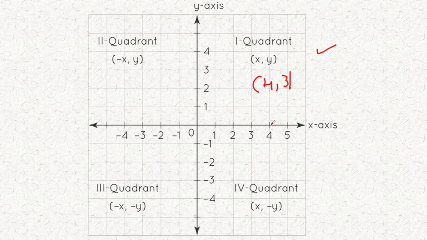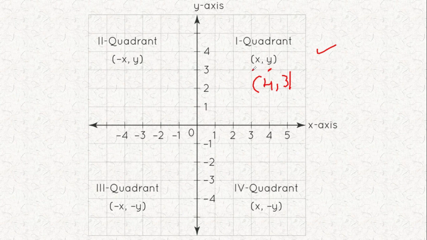Here 1, 2, 3, 4, and from here the y value is 3. So the point 4, 3 lies here. This is the x and y value of this point 4, 3. They will give some points or they will give the point location. You need to locate the point or you need to find the values or coordinates of that point.